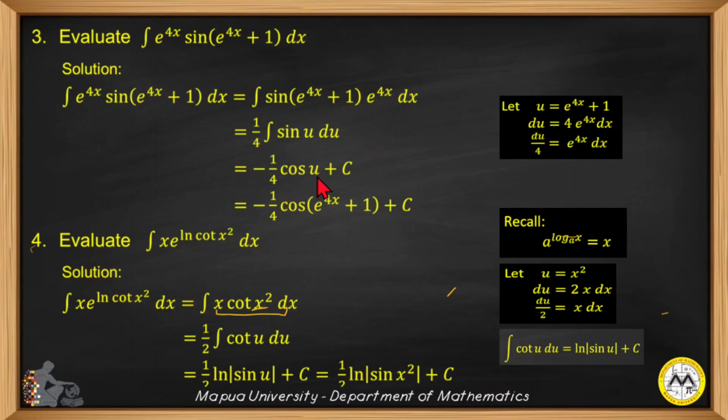But recall that the integral of sine u du is negative cosine u plus the constant c. And because there is this constant coefficient, this should be negative 1/4 cosine u plus the constant c, where u here is e to the 4x plus 1. So therefore, the final answer is negative 1/4 cosine of e to the 4x plus 1 plus the constant c.